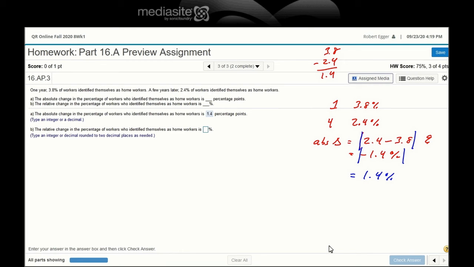Now, the relative change in percentage of workers who identify themselves as home workers is, now let's give it a try. Absolute change over our starting point.